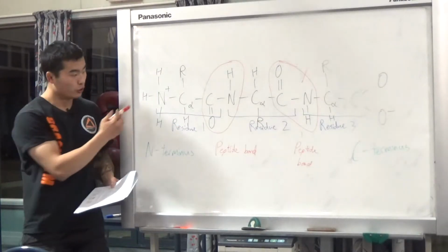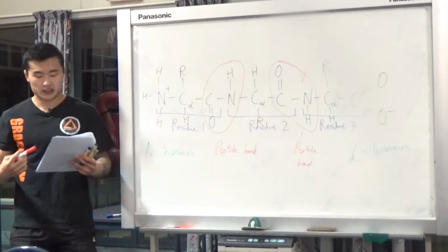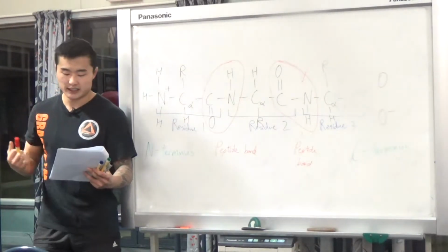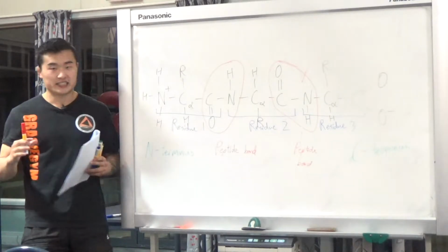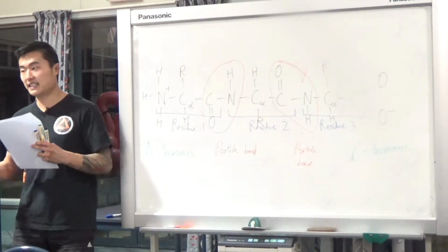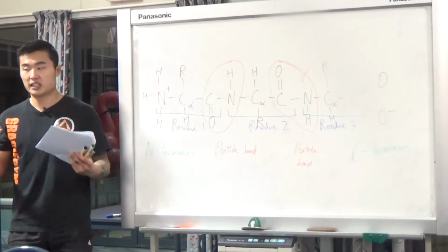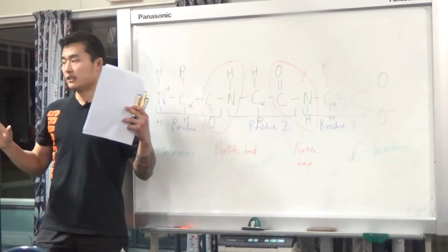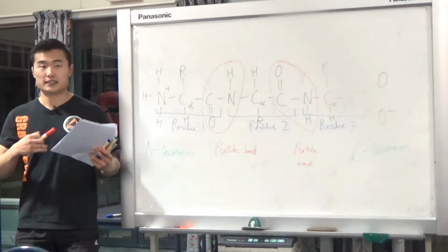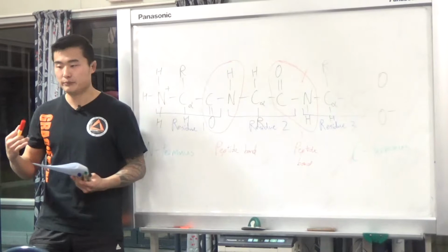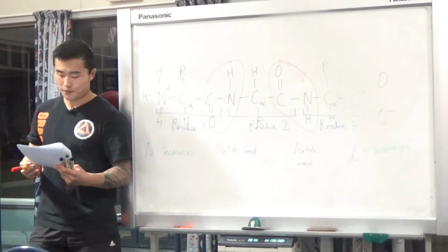And it's the order of the amino acids which contains the information required for folding into the higher levels of structure. Okay, so it's the primary structure, or the sequence of amino acids, that will determine how it folds up into its secondary structure and its tertiary structure, and then if it's got multiple subunits, its quaternary structure as well.